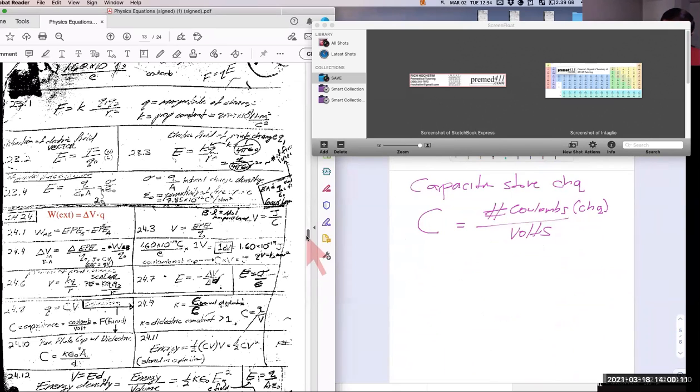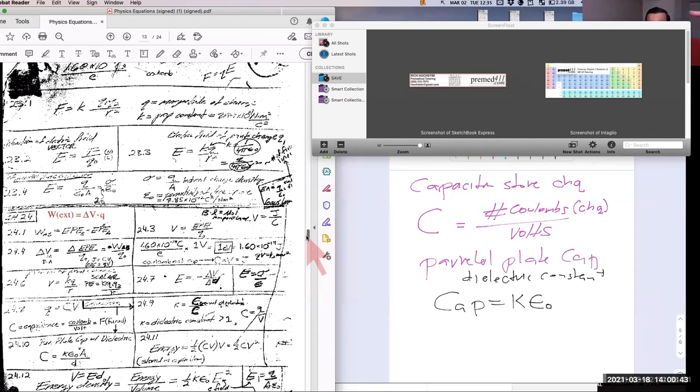For a parallel plate capacitor, we're going to have the capacitance equal a constant right over here, which is called the dielectric constant. And then there's going to be another constant called the permittivity of free space, which you don't need to worry about.